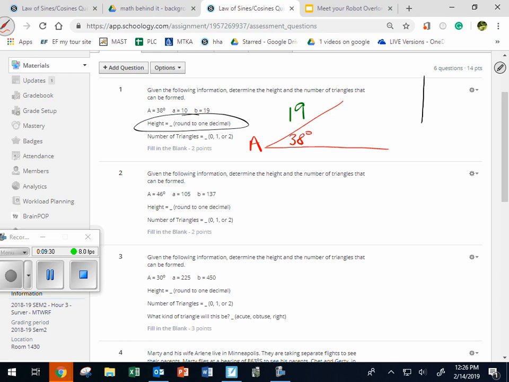If this height, once you find it, is like 8, but we know the side's supposed to be 10, do you get that that means it would be able to be in 2 different positions, therefore the ambiguous case? And I'm guessing, if I made this question, I would make it that. My guess is that the answer is it probably makes 2 triangles, because 10 is probably longer than the height, but 10 is definitely not too long.